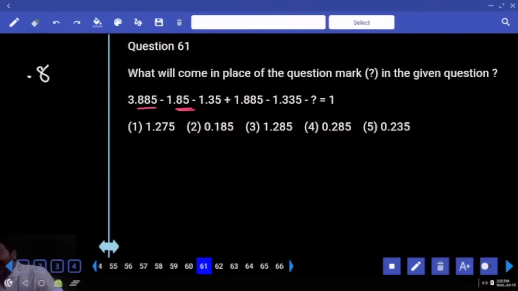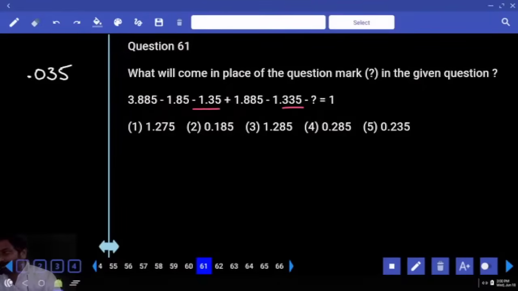You should consider 0.85 as 850. Come on. You should consider this as a 3-digit number, 850, subtracted from this. 0, 3, 5. Be careful about the number of digits after decimal. Okay? Right. This is a negative number.